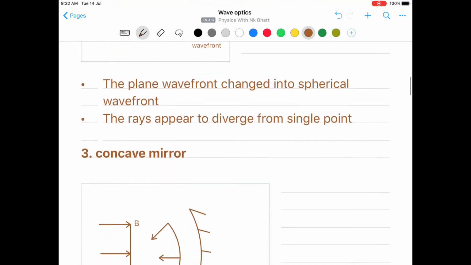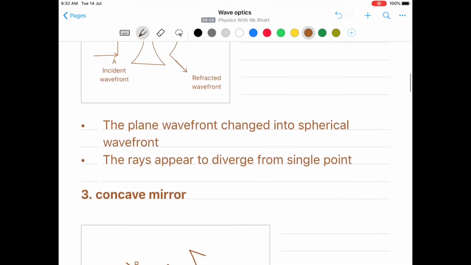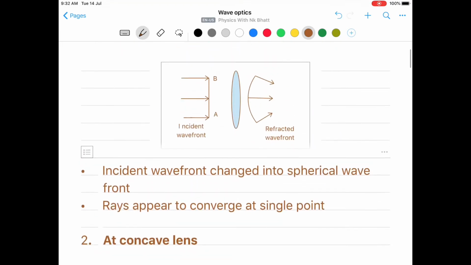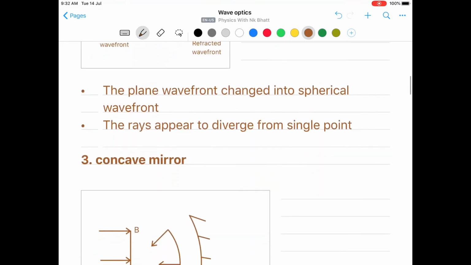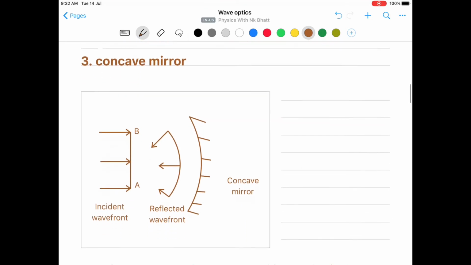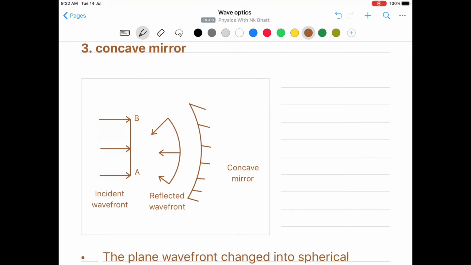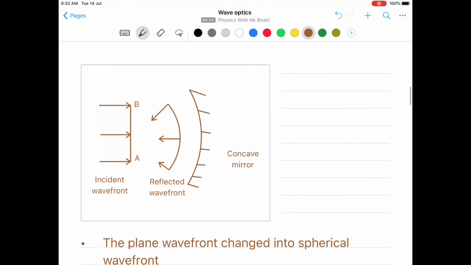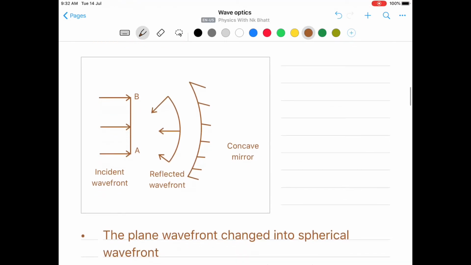Then it comes to reflection. These two diagrams are related to refraction. If you talk about mirrors, then concave mirror is a converging mirror. It always converges all the parallel rays incident on it. But here we have taken incident wavefront AB, which is a plane wavefront.